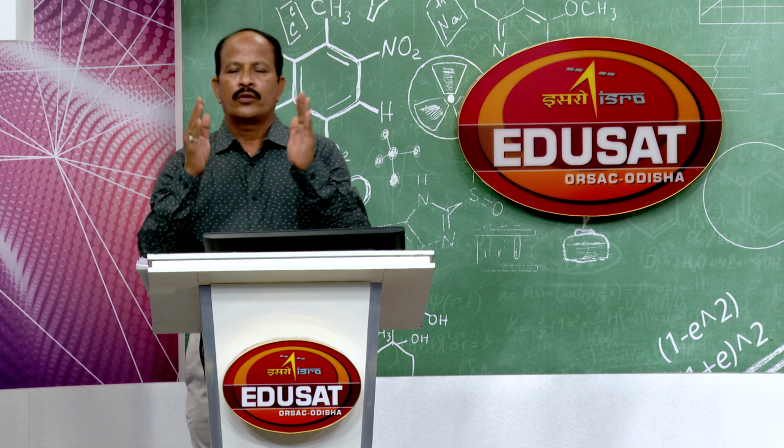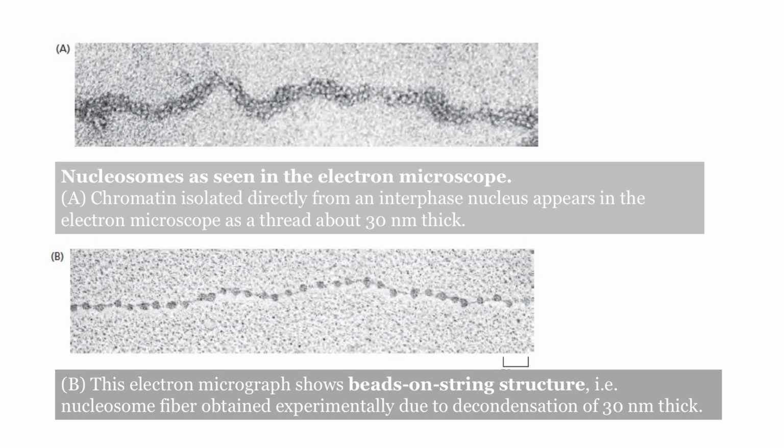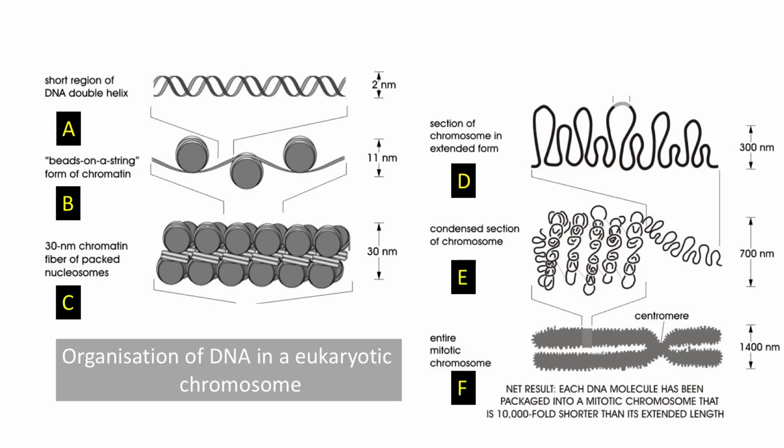When revealed under the electron microscope, chromatin usually exists as 30 nanometer thick fibers, called solenoid, but when they are further extended, it gives rise to the beads on a string appearance, which is a nucleosome fiber. The nucleosome fiber is the basic level of organization of chromosomes, and that further condenses to form solenoid, then scaffold, then it gives rise to the mitotic metaphase chromosome, as seen from this diagram.